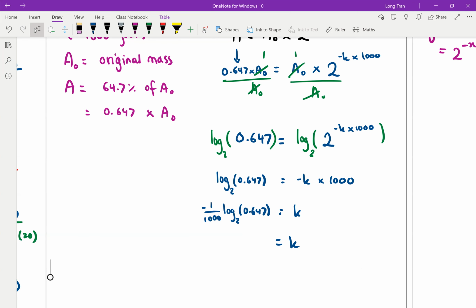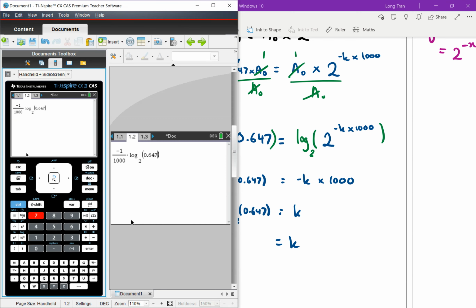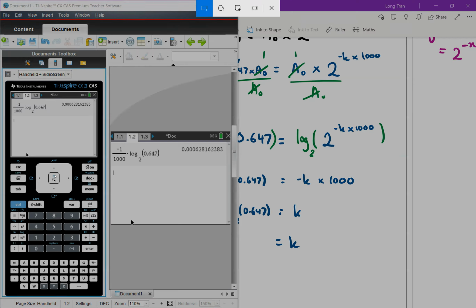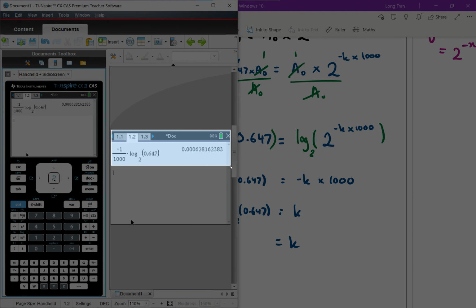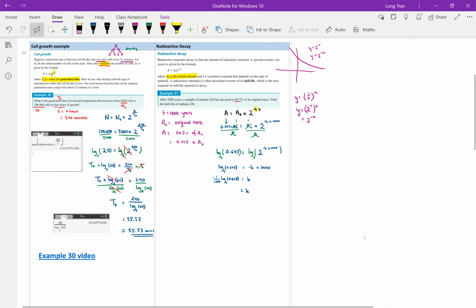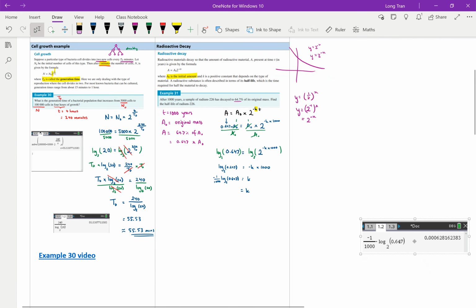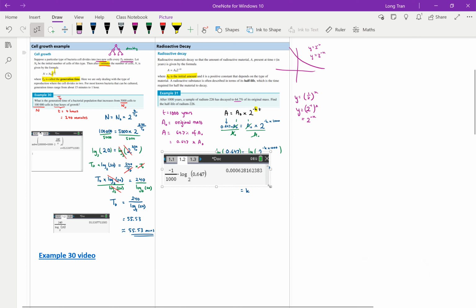Is that right? Yes. And that works out to be just about this much in value. So now we want to keep it in exact value. So don't try to change it to decimals and round it off. Okay, so I'm just putting it here so that we know what that equals.